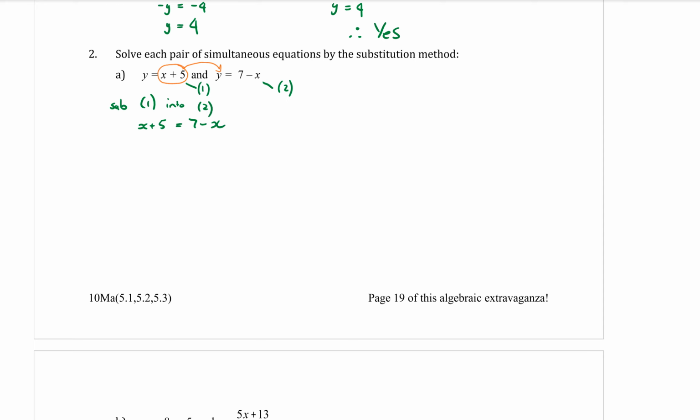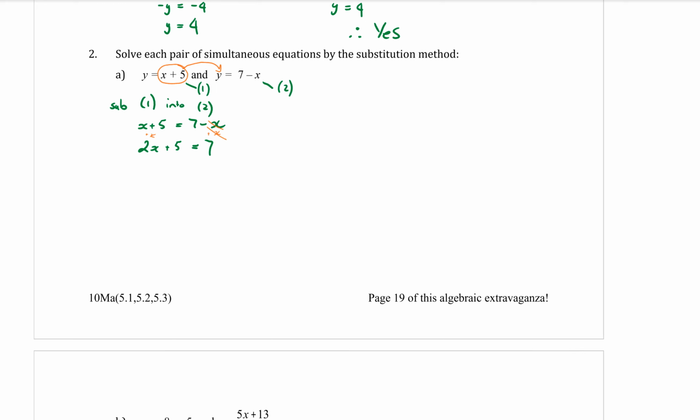Now by doing that, there are no longer any y's in that equation and I can solve to find out what x is. So I have x on both sides. I'm going to move the smaller one. The minus x, the opposite is to plus x, which will become 2x plus 5 equals 7. The little instructions you would write would be plus x like that to get rid of that one.